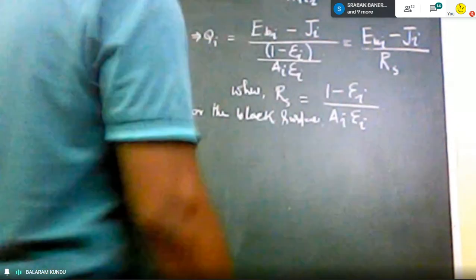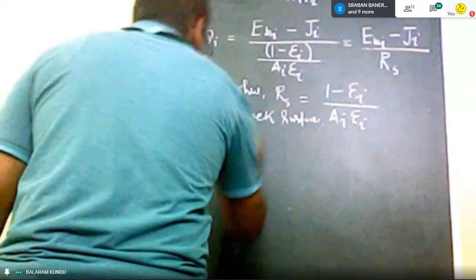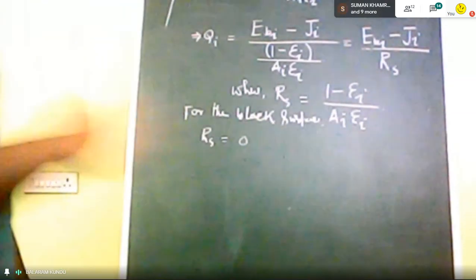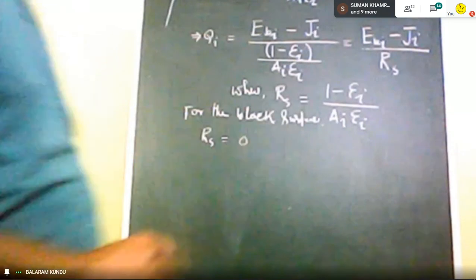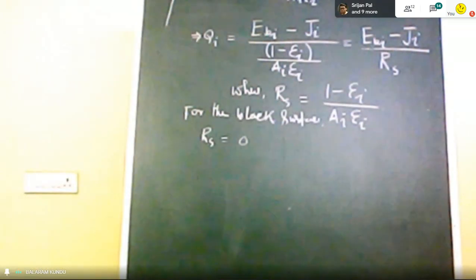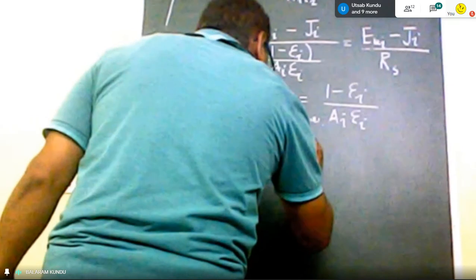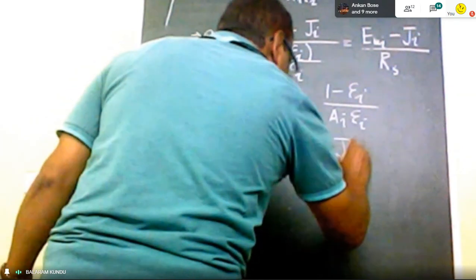For the black surface, RS equals 0. There is no surface resistance for the black surface. If surface resistance equals 0, then mathematically we can write that the emissive power of a black body should be equal to radiosity, Ji.